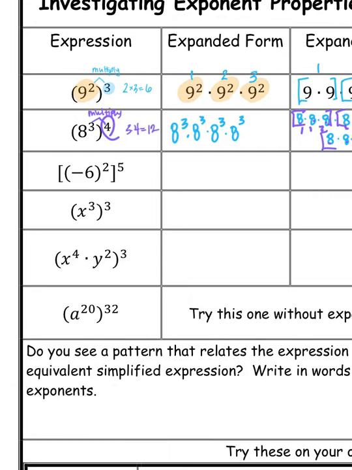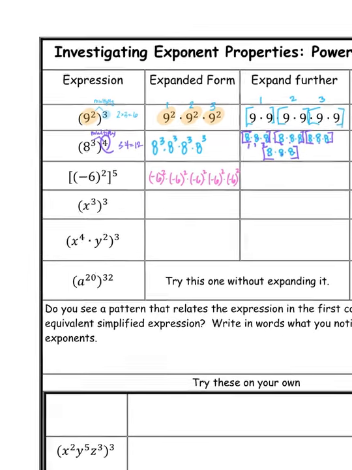So let's do the next one, negative 6 squared. So we have negative 6 squared to the 5th, times negative 6 squared times negative 6 squared times negative 6 squared times negative 6 squared.